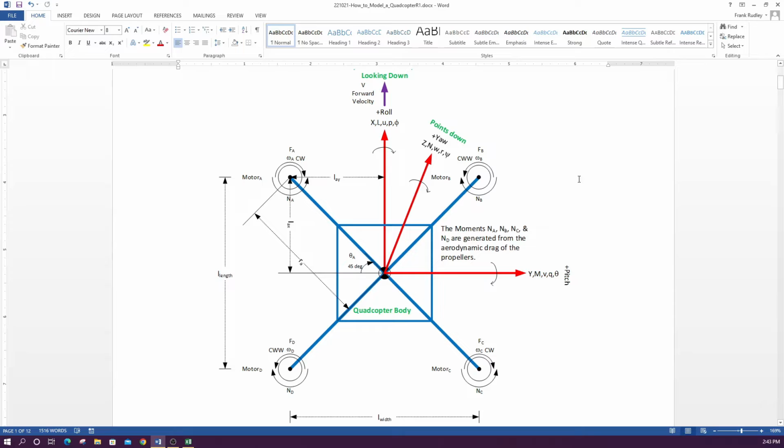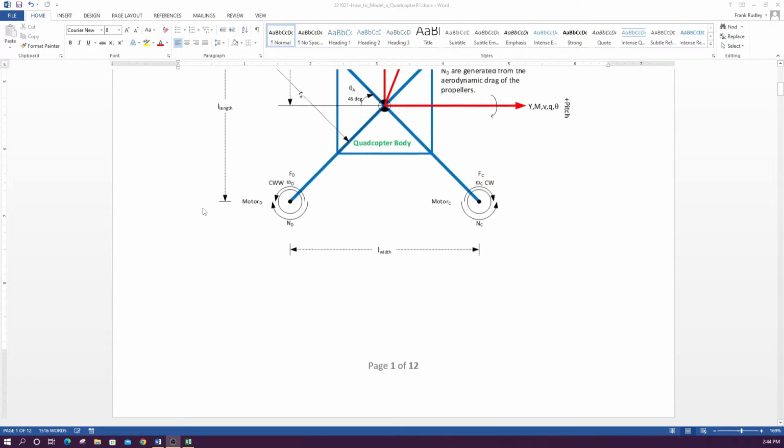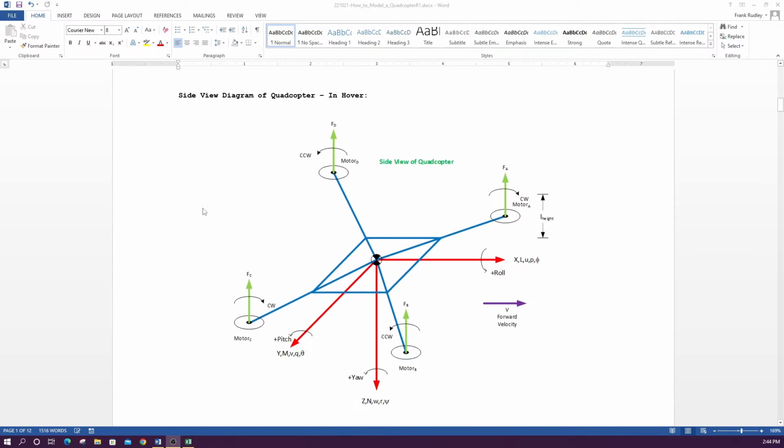So anyway, this is a diagram that you start off with, and it's important that we start off trying to analyze the physics and dynamics of the quadcopter. Here's a side view diagram of the quadcopter, say in a hover. Again, we have our axes shown in red. This is our x-axis, this is our y-axis, and this would be our z-axis.